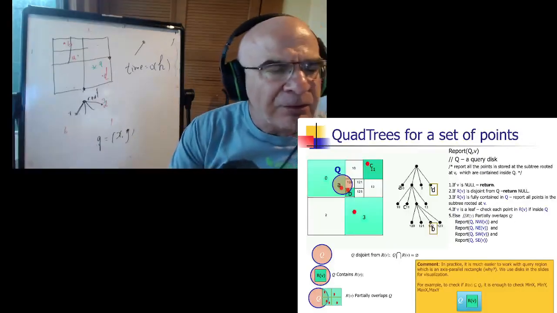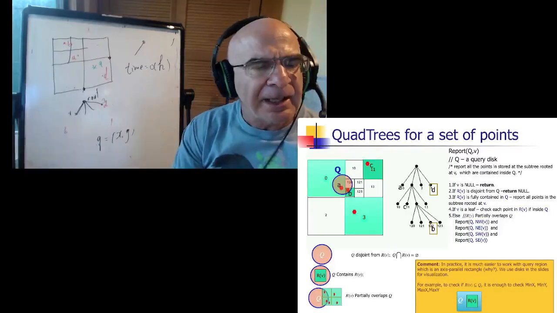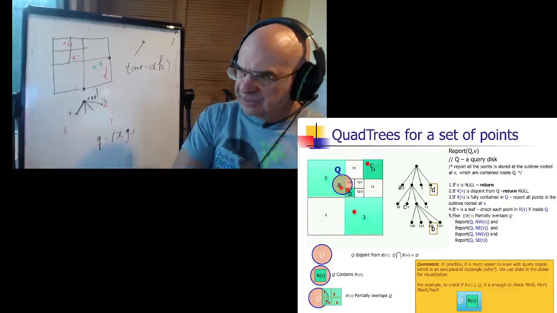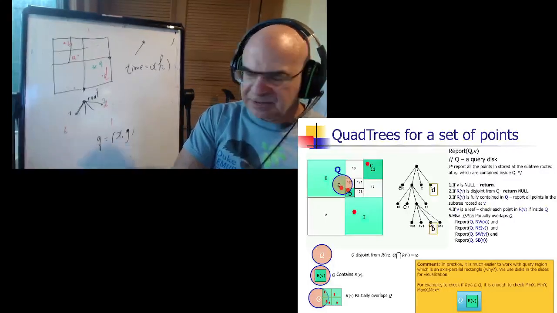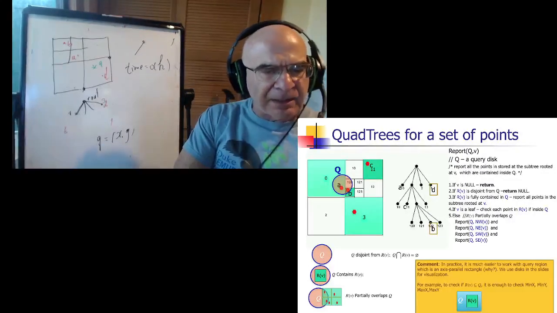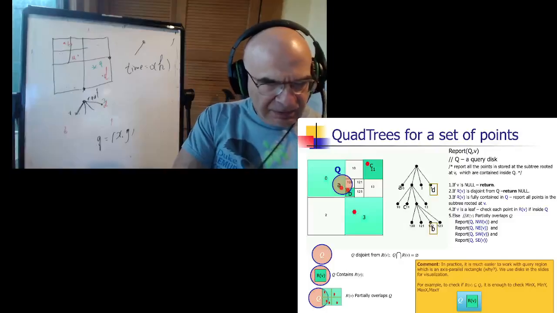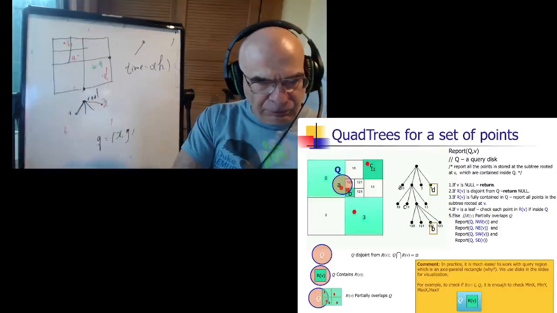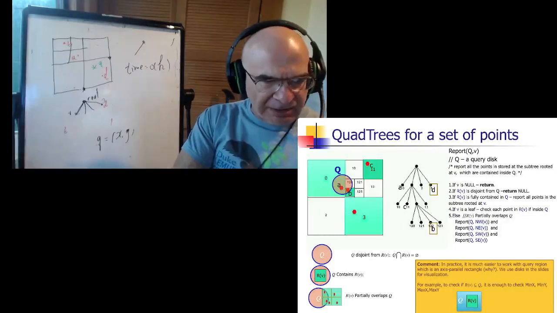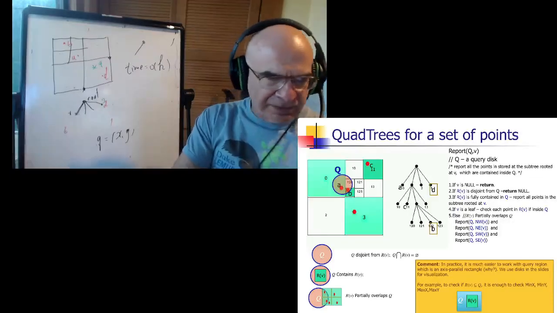So now my query will be a disk. In the homework, in the implementation, the query will be an axis-parallel rectangle, but visually, to make clear what is what, I'll use a query that is a disk.